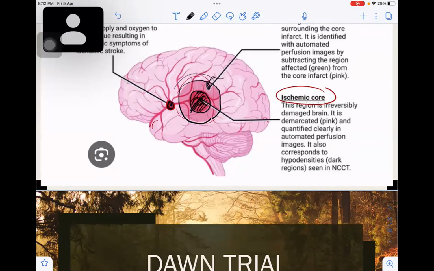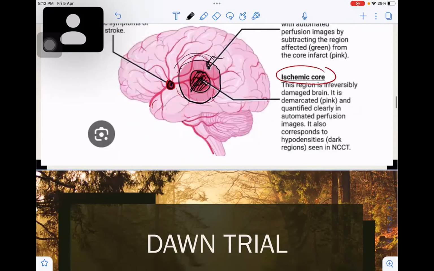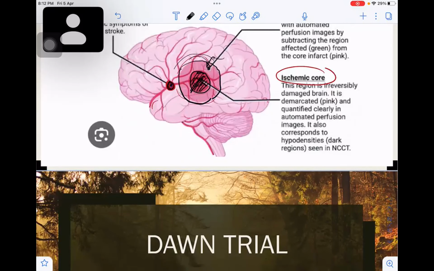As you can see, this is a huge area. So what we're trying to do with mechanical thrombectomy or any other thrombolysis is to save this area which has not died yet. Once you remove the thrombus, perfusion will again happen to this penumbra area, and the brain tissue will survive.